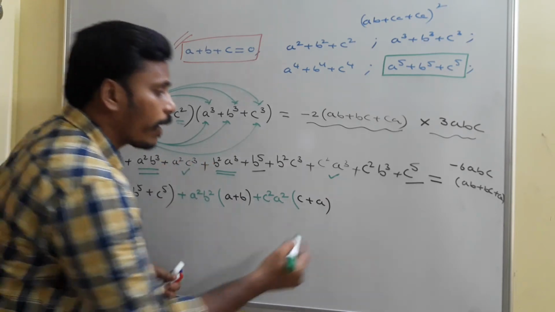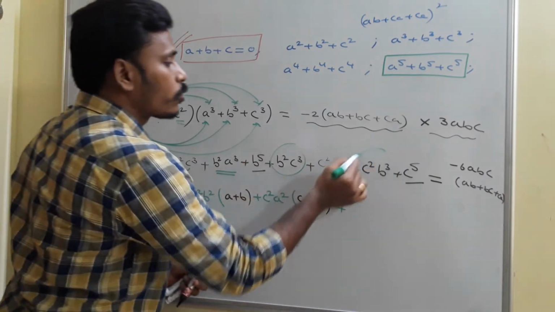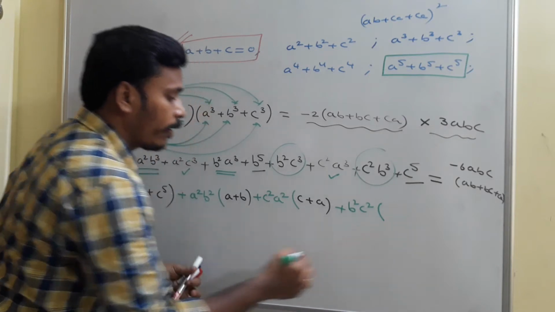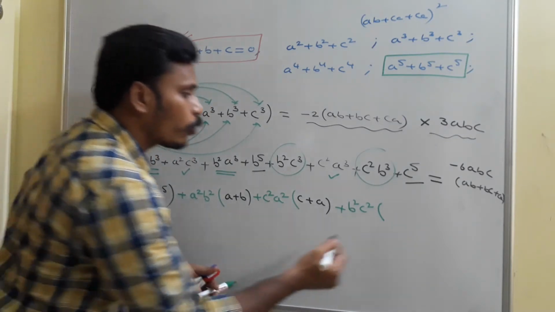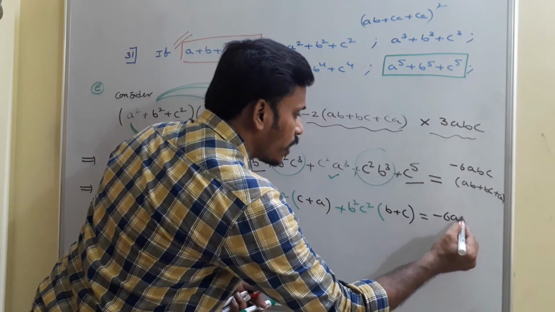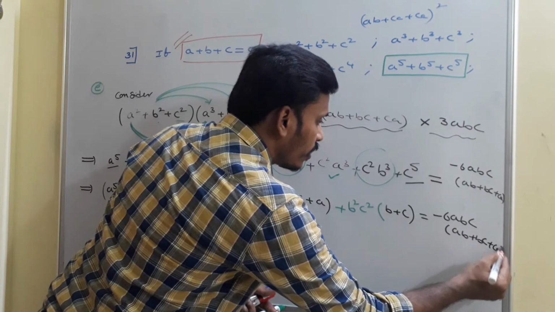And then plus, think about b square c cube and c square b cube. From these two terms, if you common out b square c square, then in the bracket you will get b plus c, and this is equal to minus 6abc of ab plus bc plus ca.